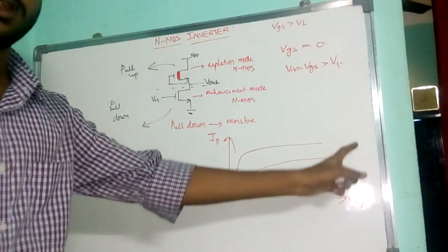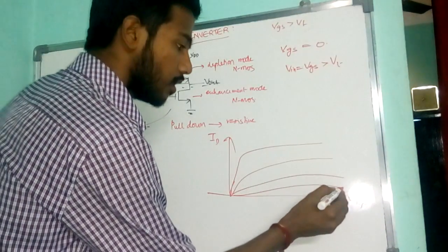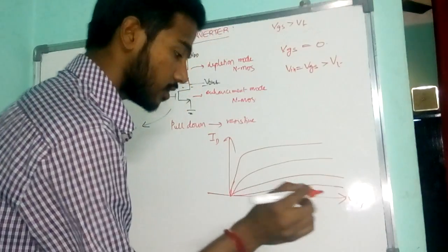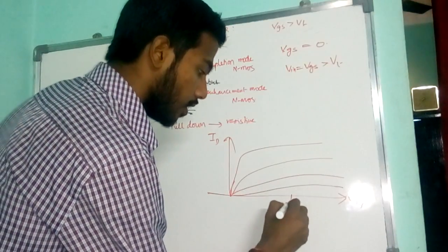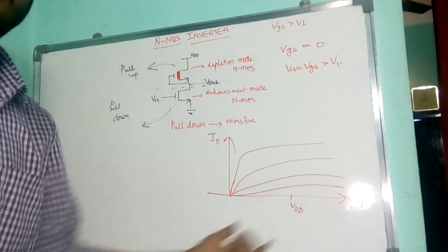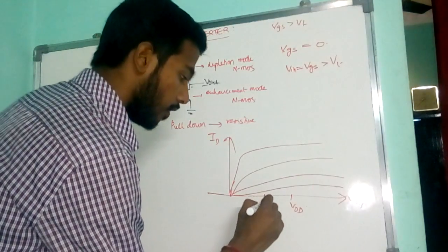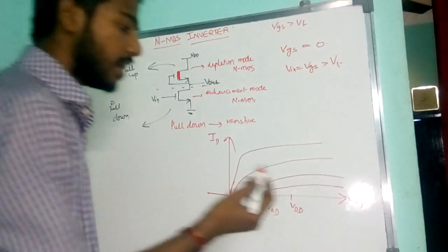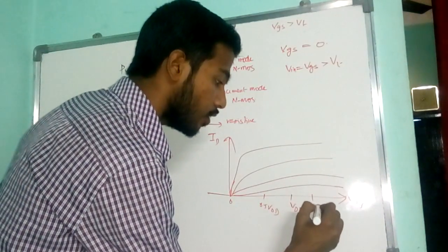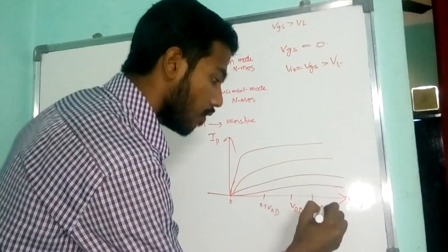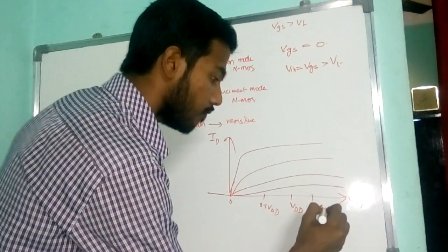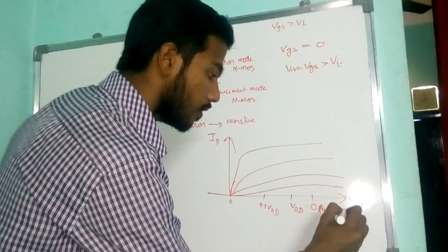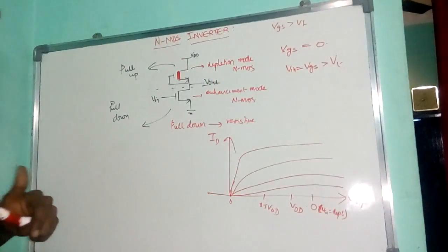For different values of VDS, here we see the VDD. This is 0.5 VDD. This is 0, at 0 VGS of the depletion mode.